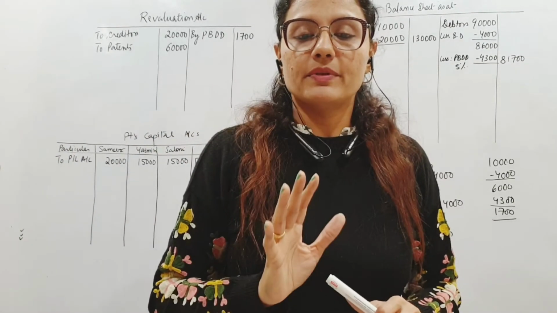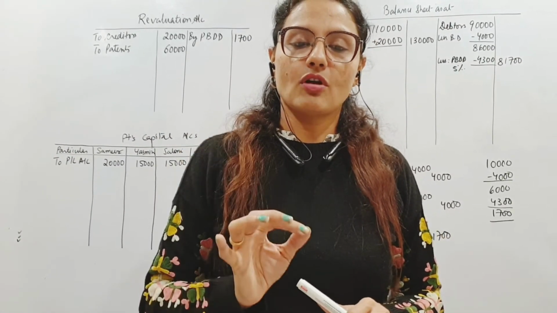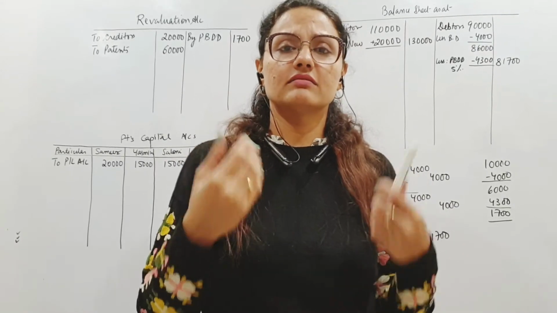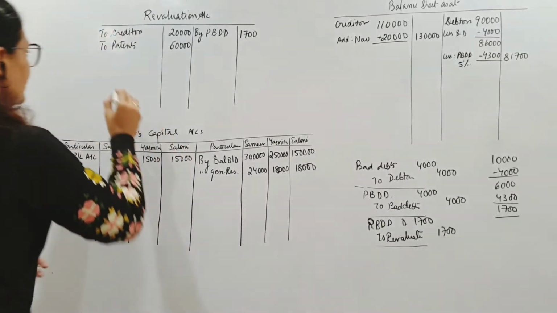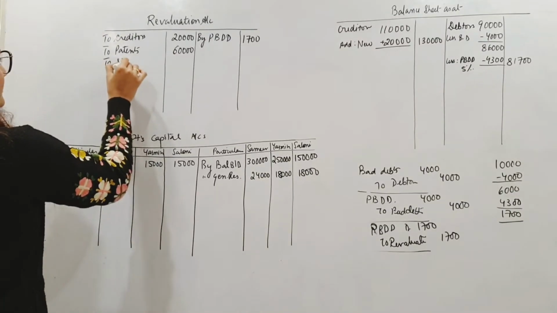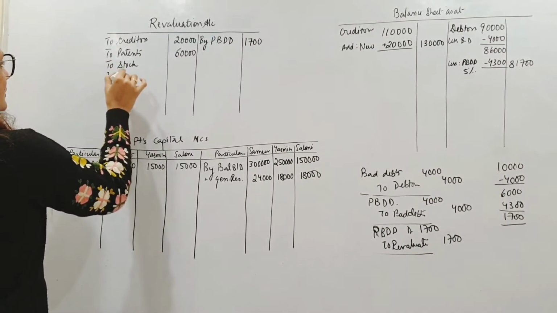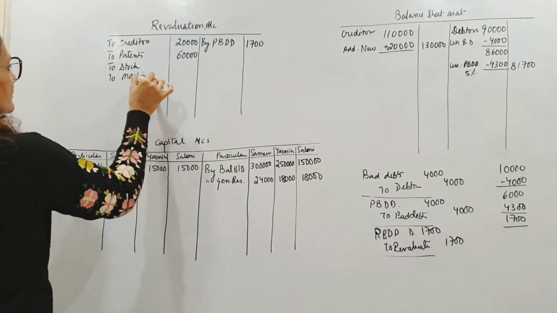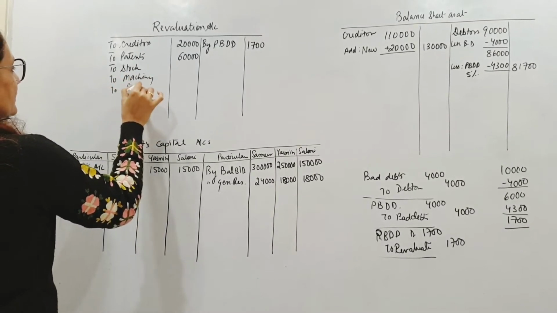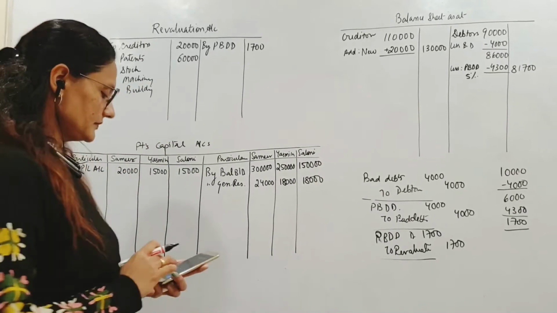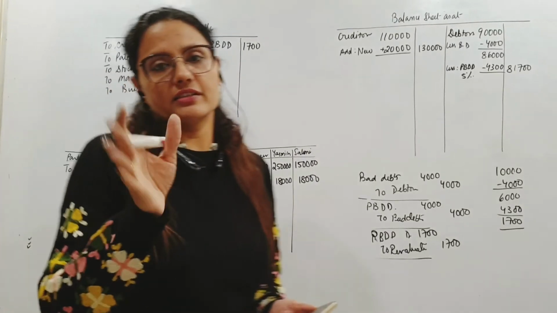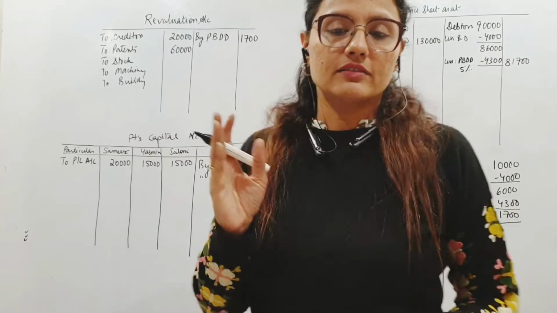Then 5% depreciation will be charged on stock, machinery and building. Sub loss. So stock, machinery and building all will be credited to stock, to machinery, to building. All are being credited with 5% of their respective book value. तो कितना है?